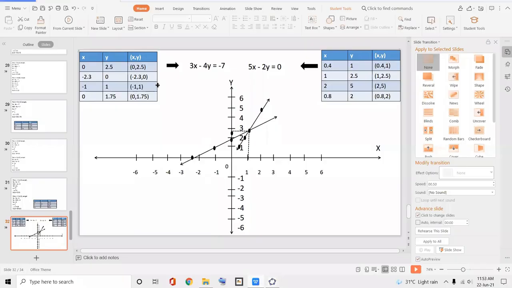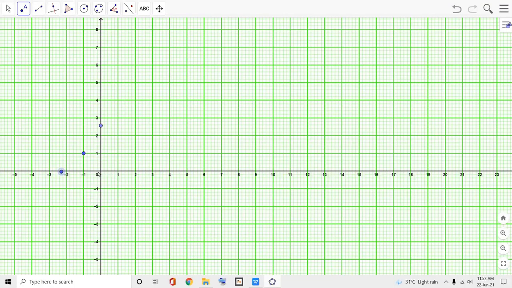Then we have minus 1, comma 1, which we have plotted. Then we have 0, comma 1.75. So over here 1.75. So this is 1.2, this is 1.4, this is 1.6, and this is 1.8. So our 1.75 will come over here.